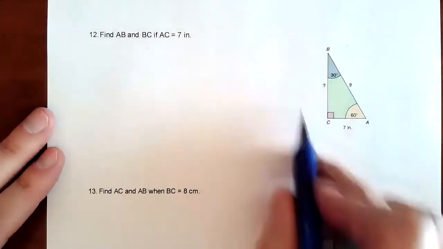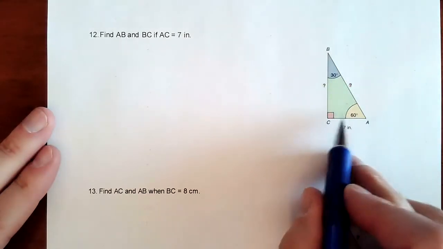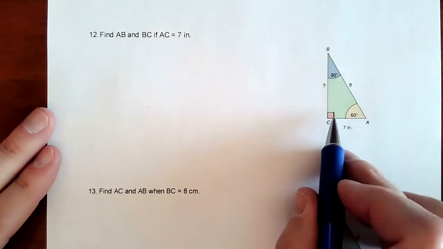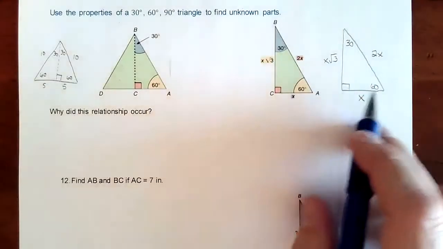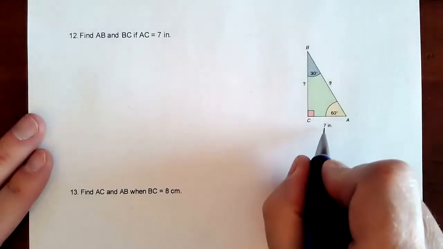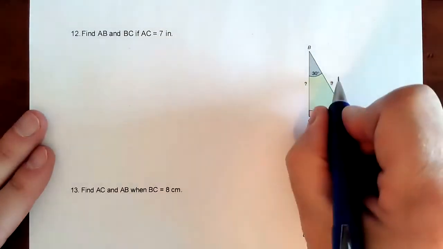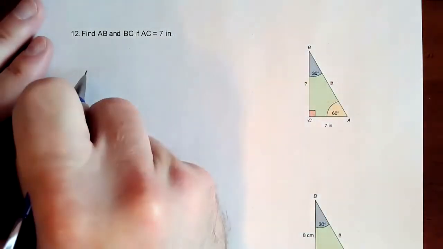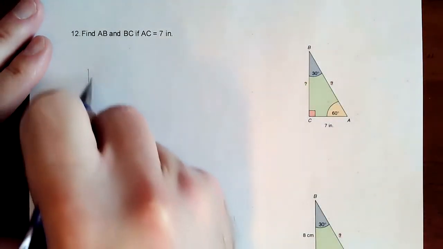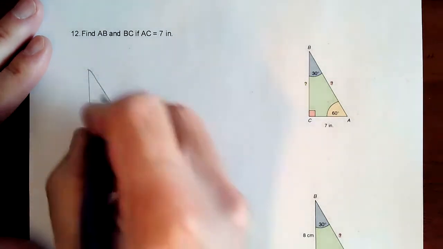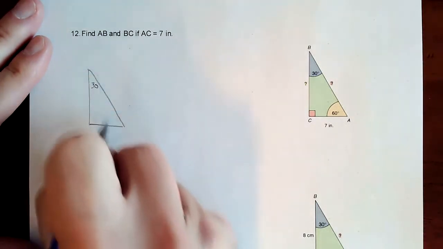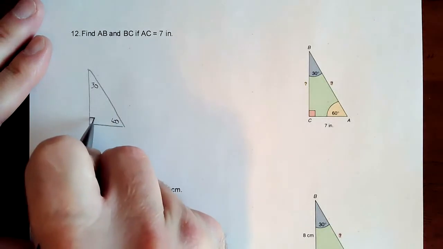All right, so here is our triangle. We have our 30, 60, 90 angles, so that guarantees this relationship. We have a 30, we have a 60, we have a 90.